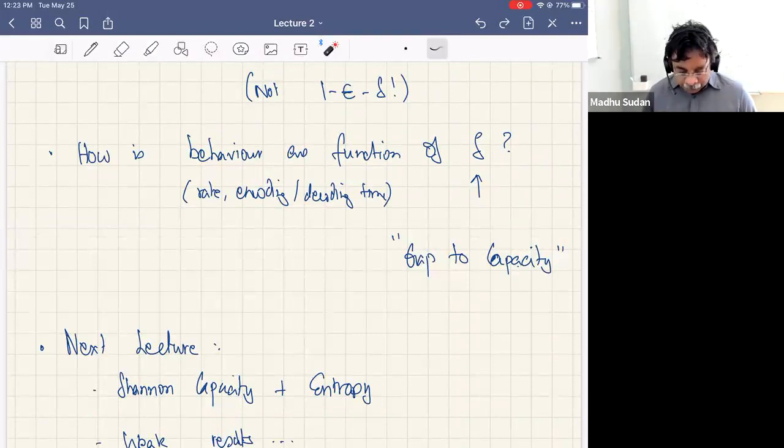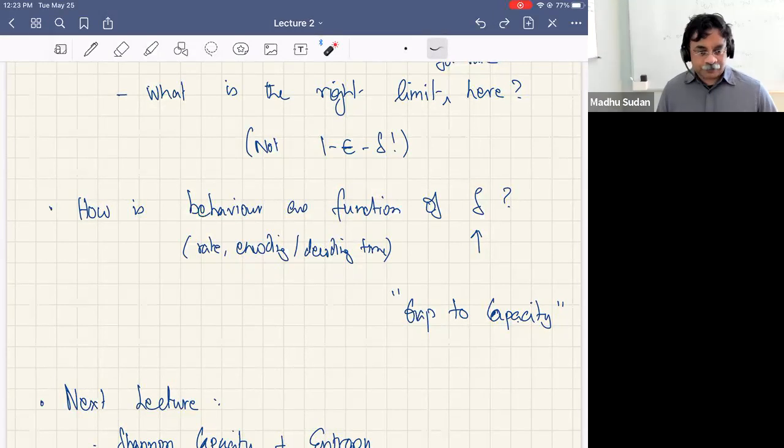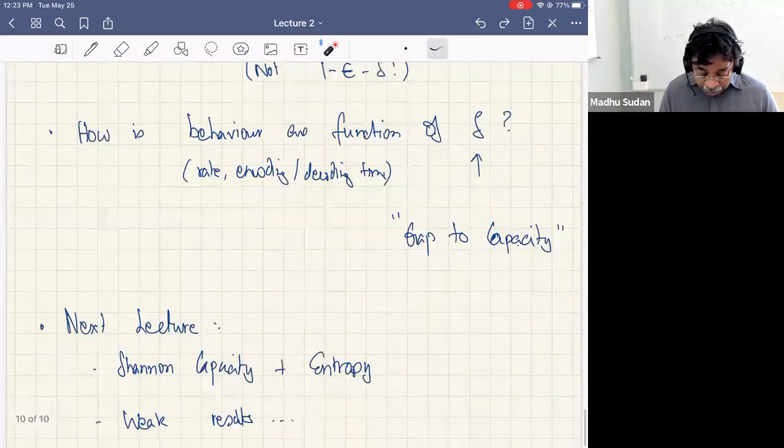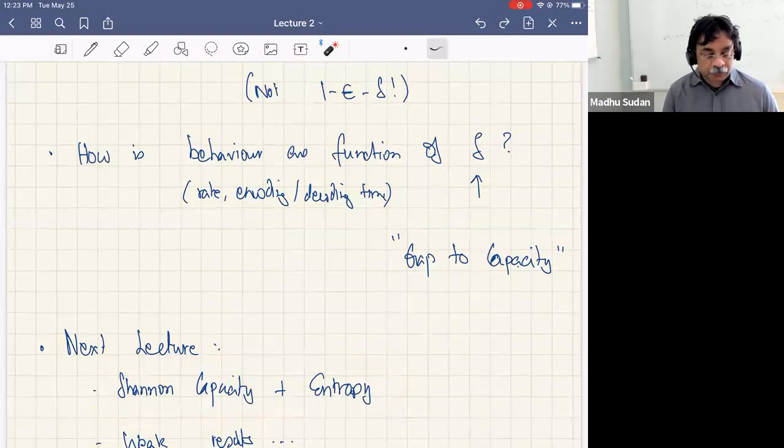What should the right bounds be when the alphabet is small? We will be looking at the binary case, Q equal to 2, in the next two lectures. We'll tell you about some challenges. How can you correct the maximum possible errors at the maximum possible rate? How close to capacity can you get?